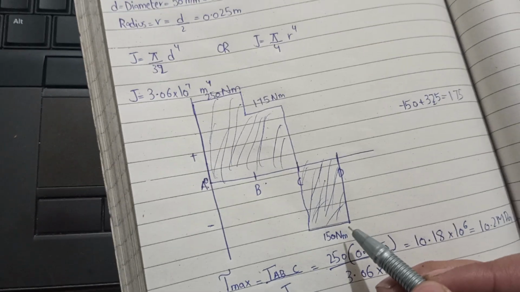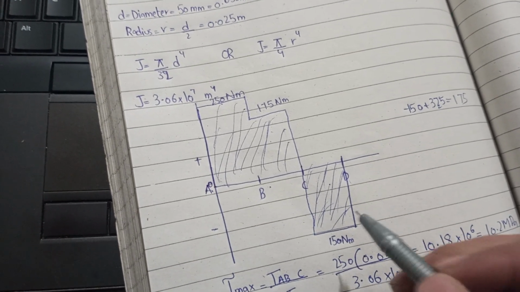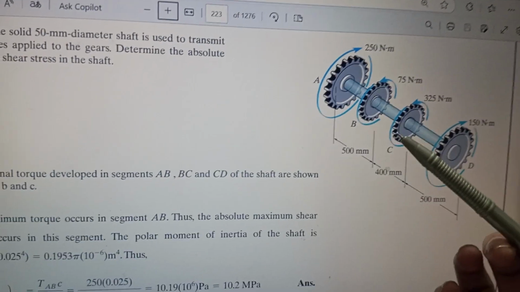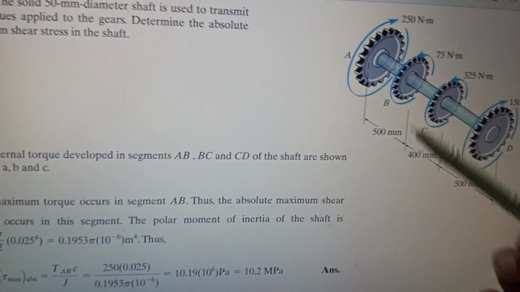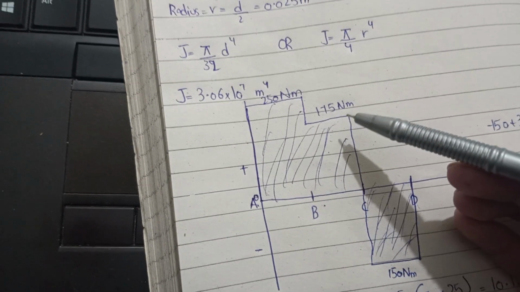You make your scaling according to your choice, but in my case I do it like this: 150 downward. Then anti-clockwise is positive, so minus 150 plus 325 is 175, which is positive, so we take it from the positive axis.